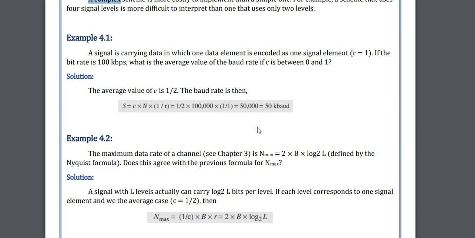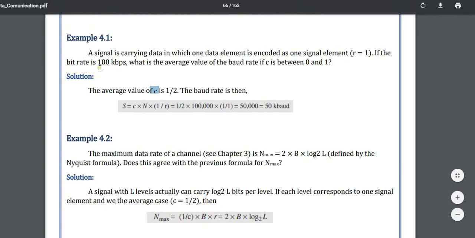In this section we will do some mathematical work. As in our example, the average value of C is 1 by 2, that is half, and the baud rate is S equals C into N into 1 by R. Here the value of C is 1 by 2 and N is the bit rate, 100 kilobits, so N is 100 kbps, and then 1 by R. R denotes the signal element, R equals 1.